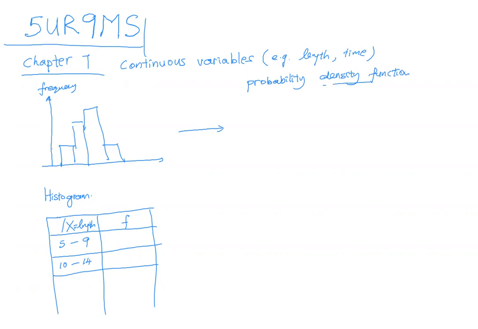Probability density function means that instead of plotting the graph of frequency against the variable x, I'm going to plot relative frequency against the variable x.